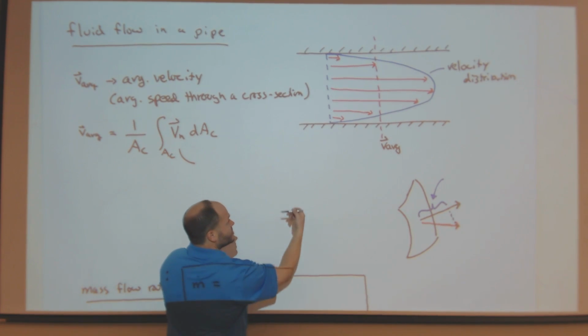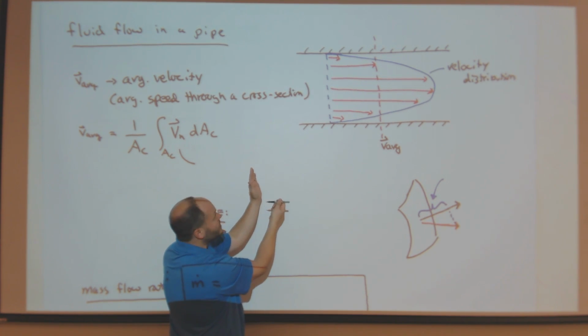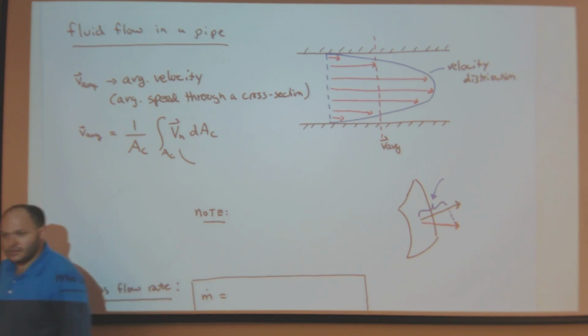So if I have my pipe, here's my surface area, there's a normal. All I care about is that velocity dot product with the normal.